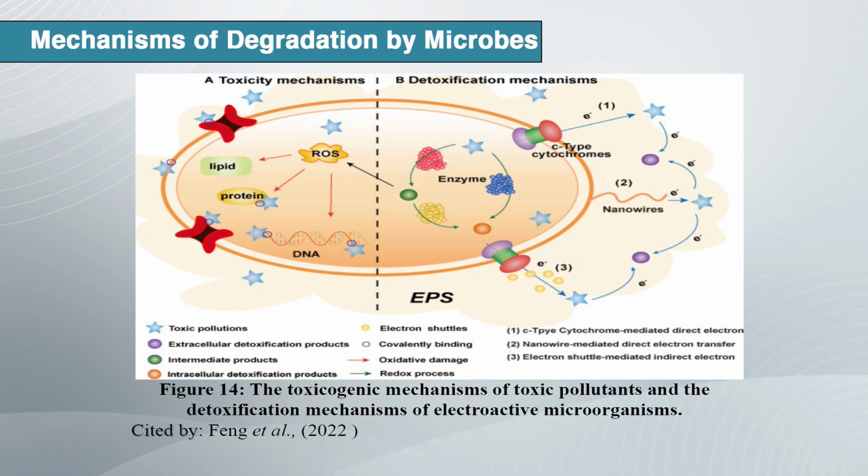One example describing all three types is 2,6-dichlorobenzonitrile. This is the figure in which various types of reactions are shown, by which a toxic pollutant is converted into a non-toxic or less toxic pollutant or product.